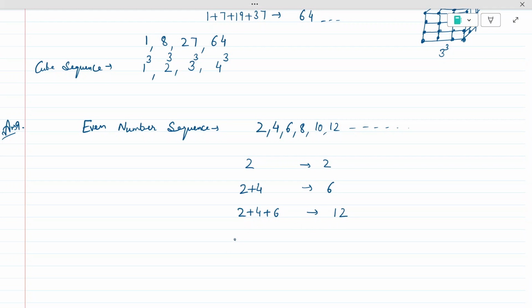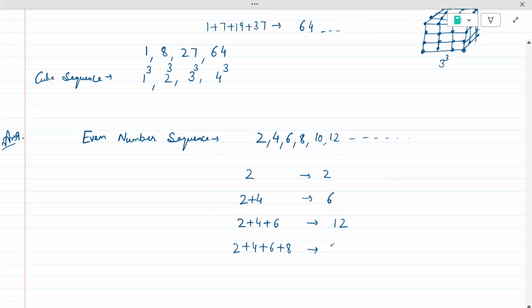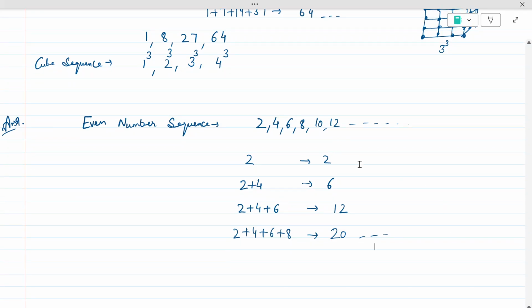Next, we have 2 plus 4 plus 6 plus 8, which will give us 20. And so on we can do. So these are the numbers which we have got: 2, 6, 12 and 20.